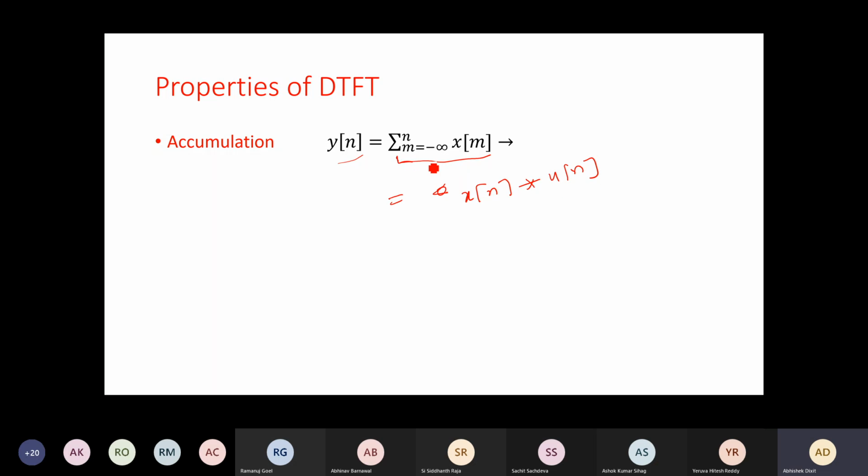So Y(e^jω) is simply X(e^jω) multiplied by U(e^jω). And U(e^jω) we have already seen is this.